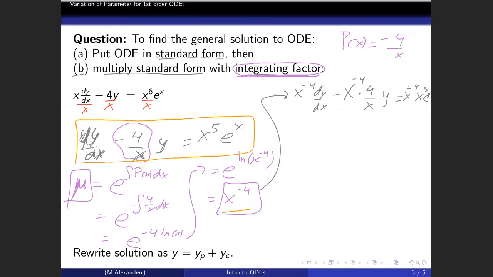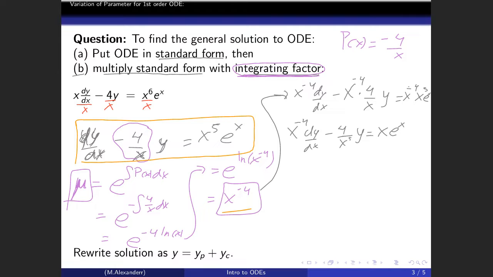But all I've done is I took the gold function and multiplied every single term by the purple function that we just got, x to the -4. And so let's simplify this a little bit. So this is x to the -4 multiplied by dy dx, and then this simplifies to -4 over x to the 5th power after you simplify, and then this becomes x e to the x.